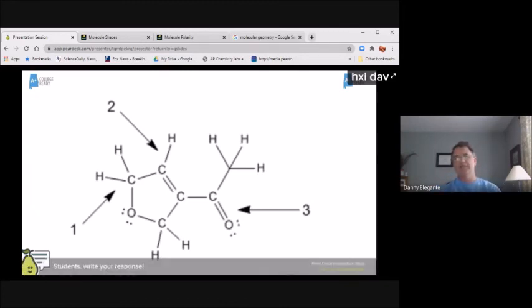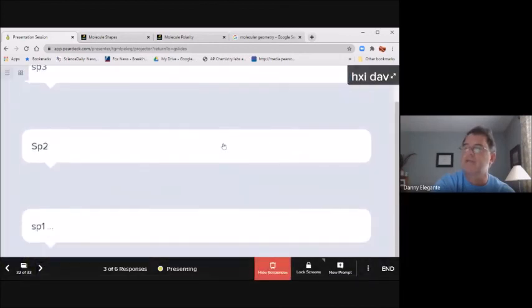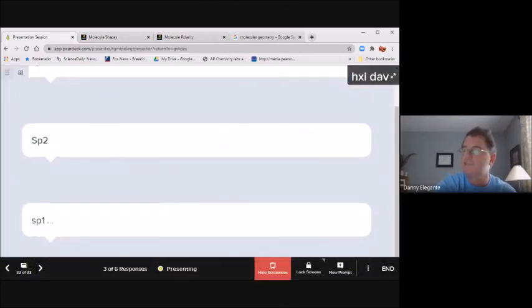What is the hybridization of that carbon that's double bonded to the oxygen? Got a SP3, SP2, and SP1.